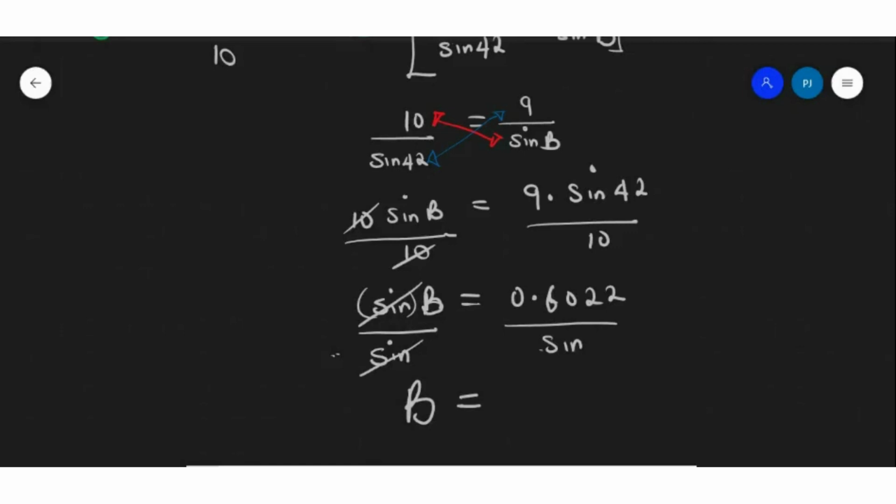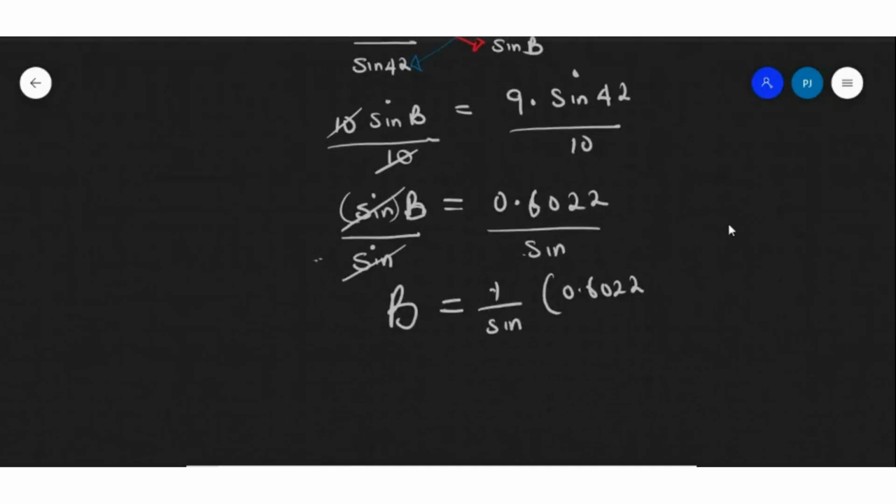This is where your indices come in. This sine becomes 1 over sine 0.6022. Just to make things clearer, that's why I'm doing this. There's no 1 here; this is just a 1. I just separated that.